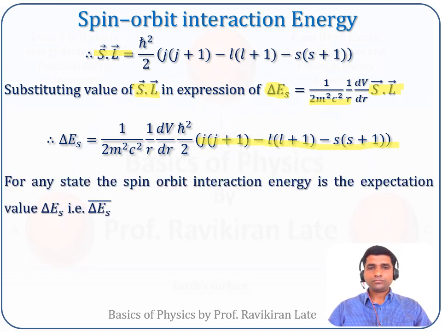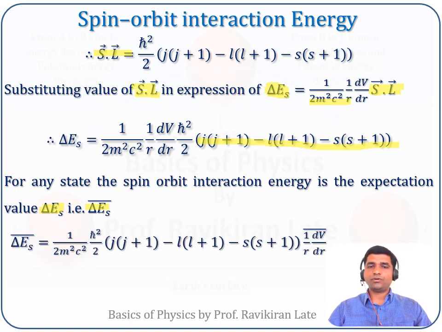Now, for any state, this spin orbit interaction energy is nothing but the expectation value of this energy delta Es, that is the delta Es expectation value. And this delta Es expectation value we will be calculating for a hydrogen atom.